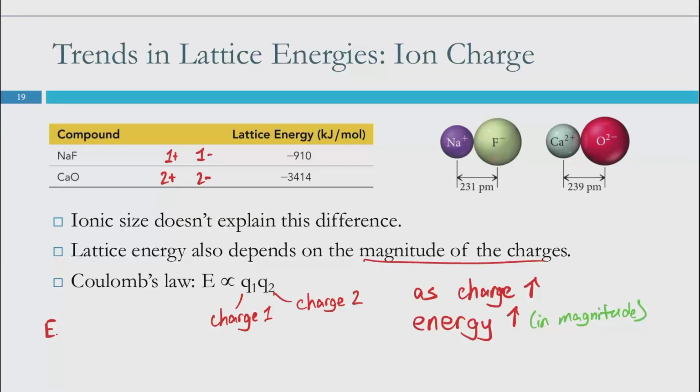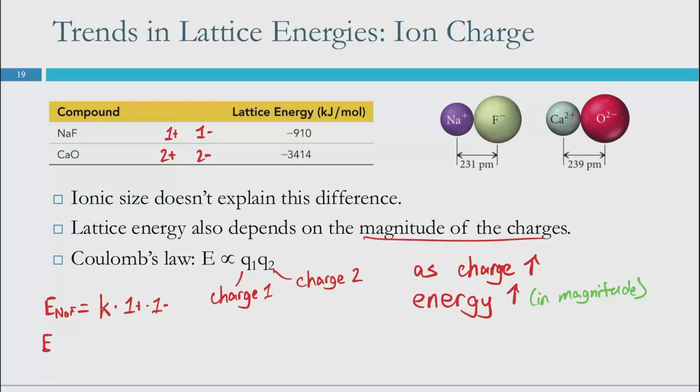So our energy for sodium fluoride was K times the charges, 1 plus times 1 minus. Then it makes sense that our energy for calcium oxide would be a similar K value, but 2 plus times 2 minus.